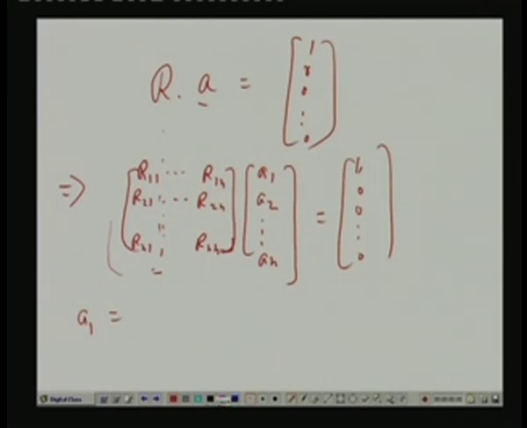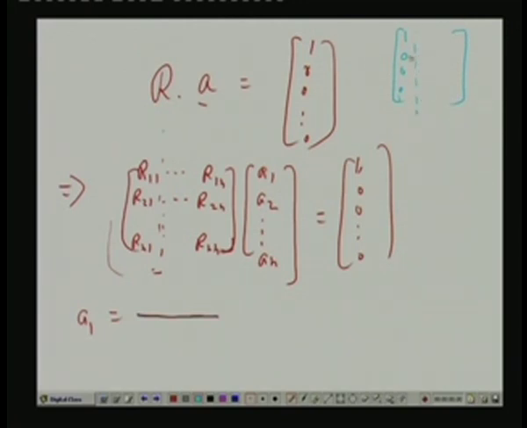By Cramer's rule it will be the ratio of two determinants. What are they? First form a matrix where the first column is replaced by the right hand side vector 1 0 0, and the rest of the items are the same.